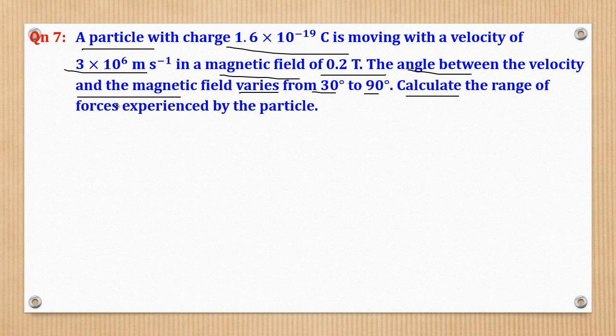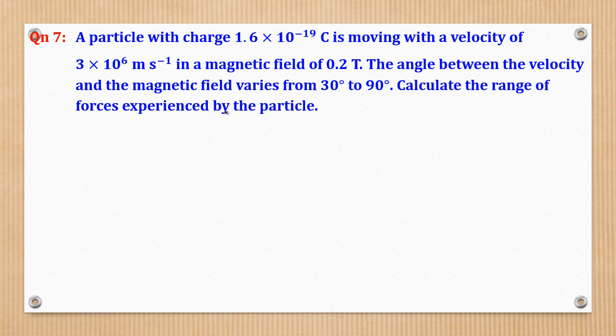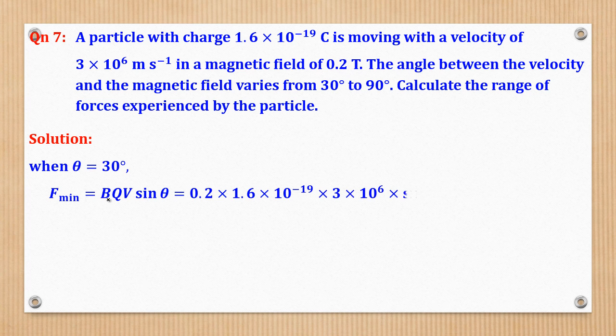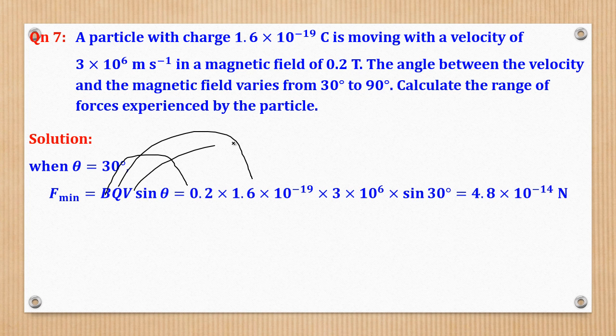Calculate the range of forces experienced by the particle. So when the angle is 30 degrees, B, Q, V, so flux density, charge on the particle, velocity, and theta will be 30. You come up with this.